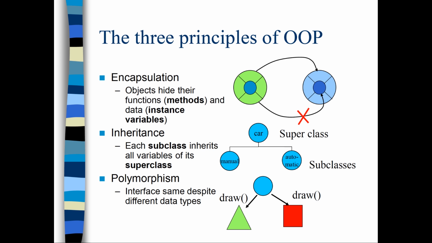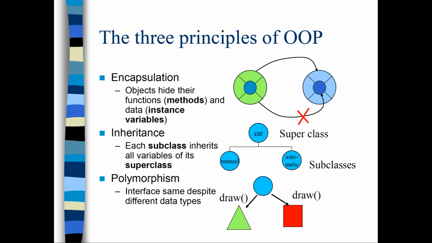So these are the three basic important principles of object-oriented programming. That is encapsulation. It means objects hide their functions and data basically, and you don't have access to the internal processing. You just have access to the real-world data that is made public inside the class. And what is inheritance?